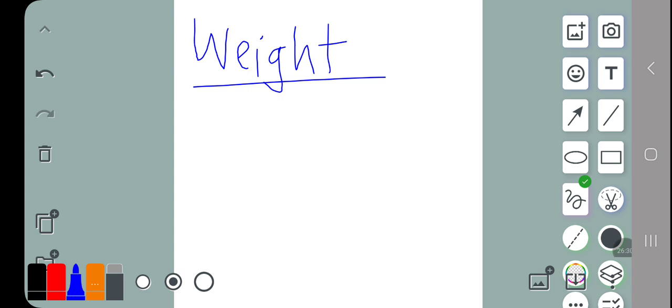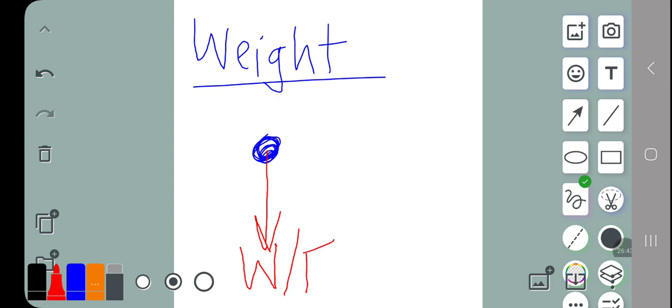Weight always acts downwards like this. Some say weight, capital letter W, or some can say force of gravity, FG, it's another way.